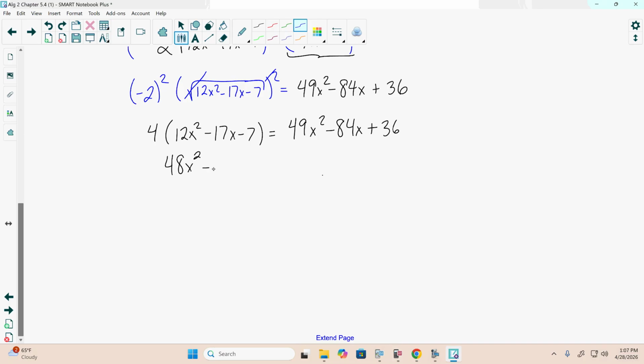Seventeen and 17 is 34. 34 and 34 is 68.